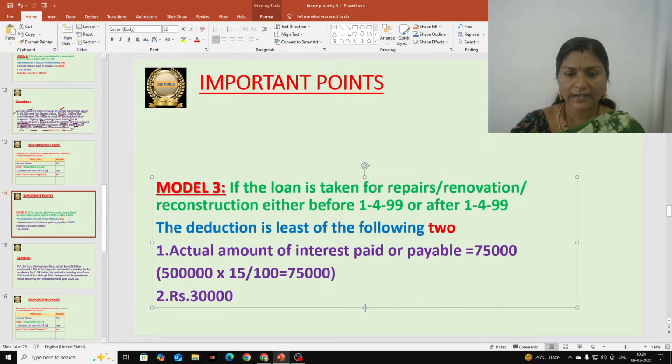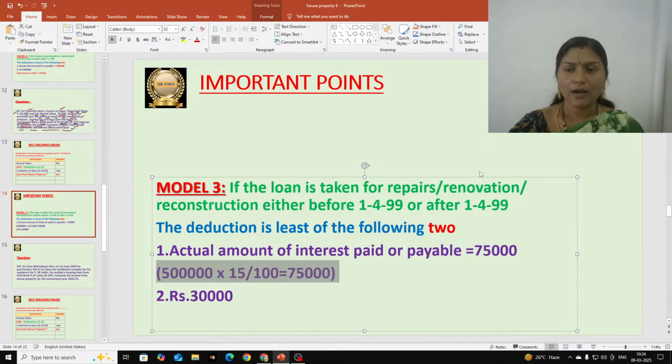Next, what is the second item here? The second amount is 30,000 rupees. The first one we calculated, and we are getting it as 75,000. And the second one is 30,000, students. This 30,000 is a rule only. The first one we can calculate, but the second one is 30,000, that is the rule.